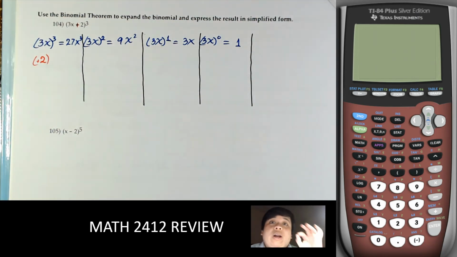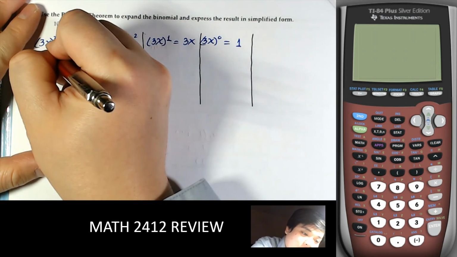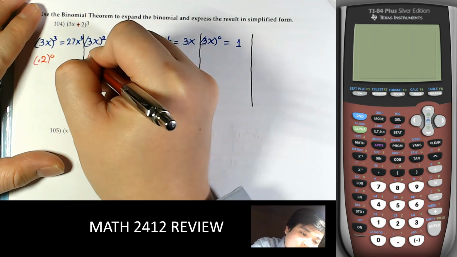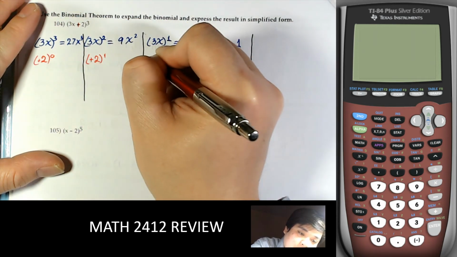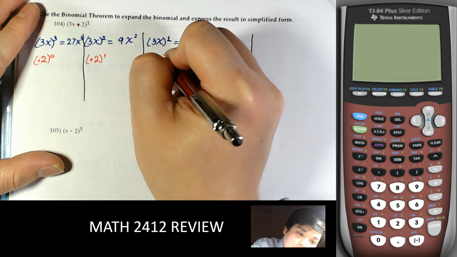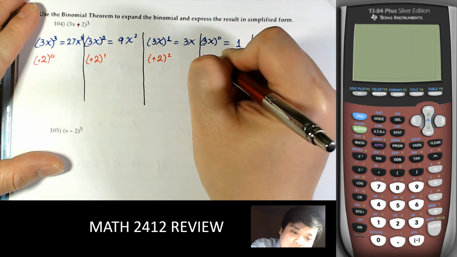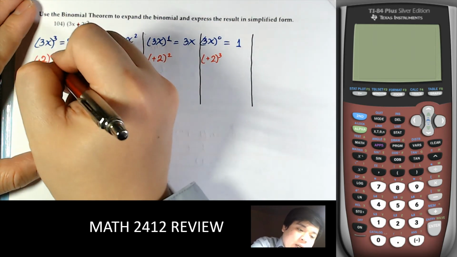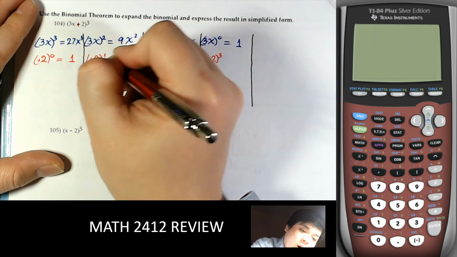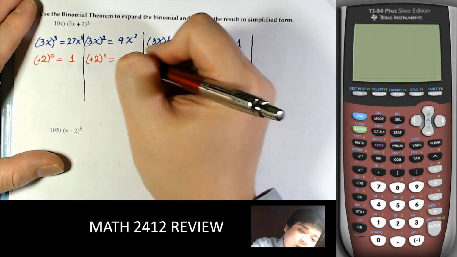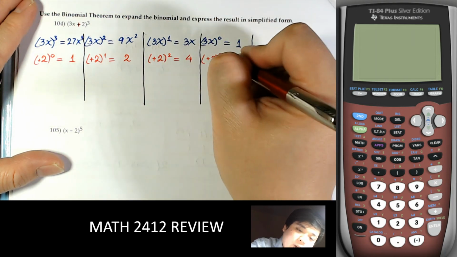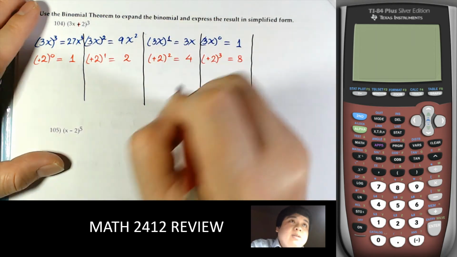The first one is decreasing power from the highest power. Now, this one will be increasing power. 0 power is 1, then 2, 4, and then 8.